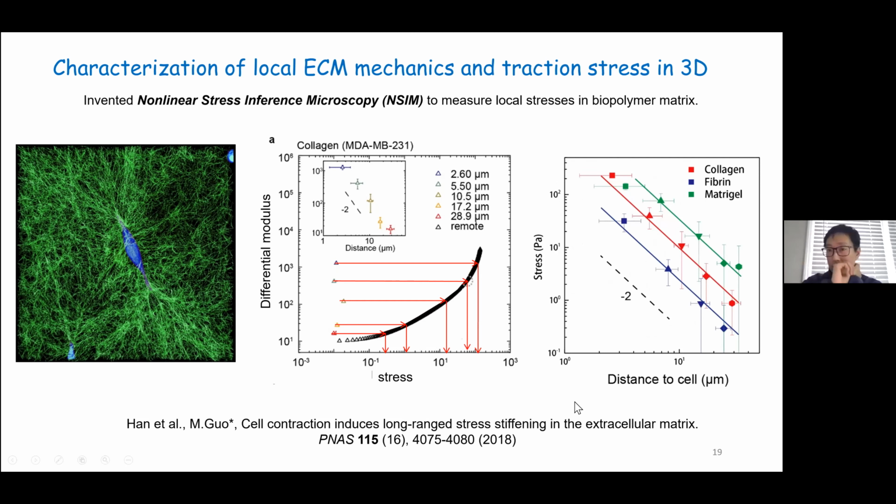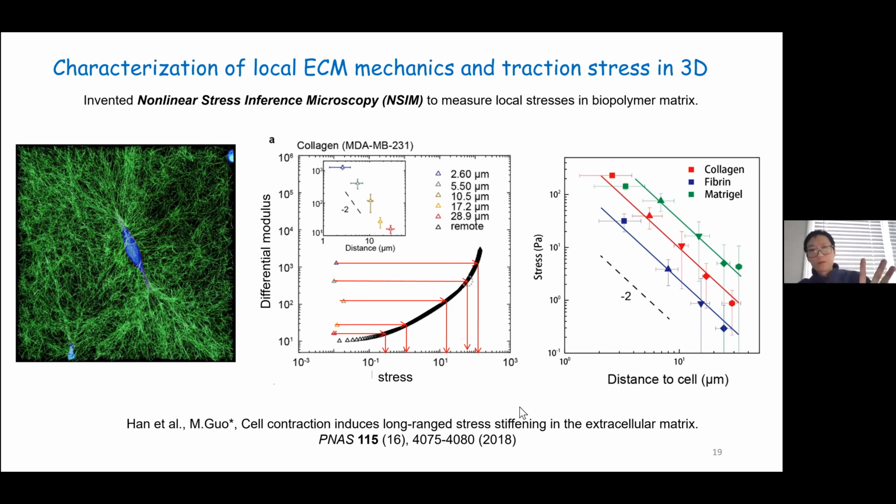To summarize this part, we can use this to measure local matrix stresses in different types of biopolymer matrices when we have different cells in them. Collagen, fibrin, and Matrigel are the three major ones that we measured. Collagen and fibrin are strongly nonlinear, and Matrigel is actually weakly nonlinear. They have a very large linear regime, but as long as you have some nonlinear regime, you can use this method.